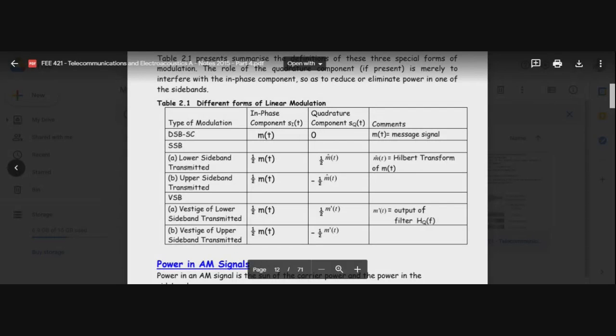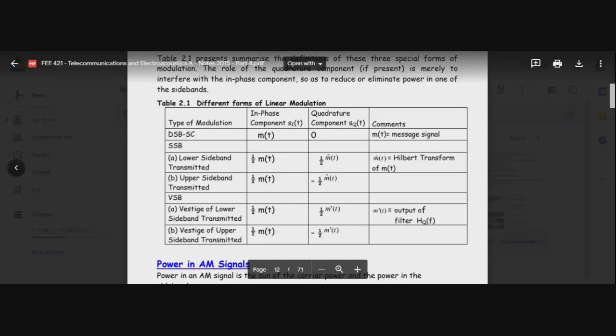We had that alternative representation of an amplitude modulated signal where there was an S_I that we called the in-phase component. That's the second column here. And then there was an S_Q, the quadrature component, in column 3.